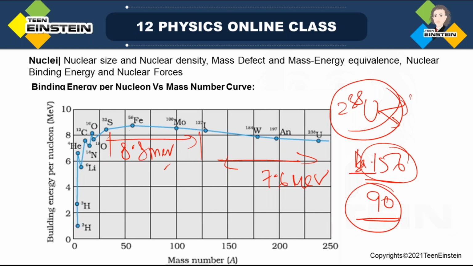Let me take this as barium-156, and this is krypton, so 238 minus 156 gives you 82 or 83 as the mass number of the other element.